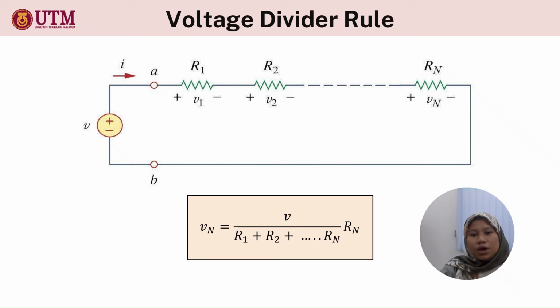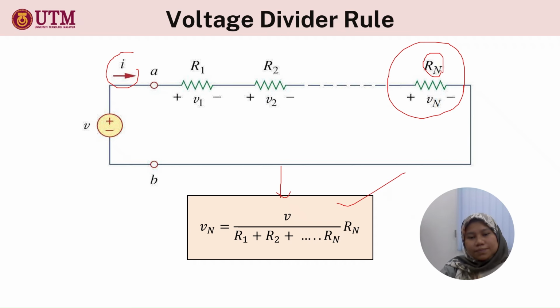For example, we have like 12 resistors. So if we want to find the voltage across this resistor here, we no longer need to find the current. We just use this equation directly. So V here is equal to source voltage multiply with the resistor here and divide by the sum of all the resistors here. Okay, simple, right?